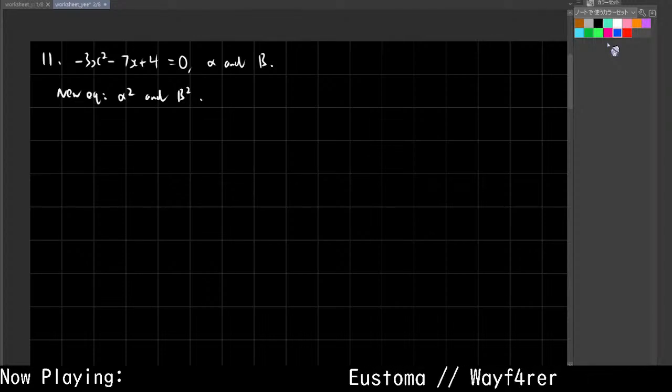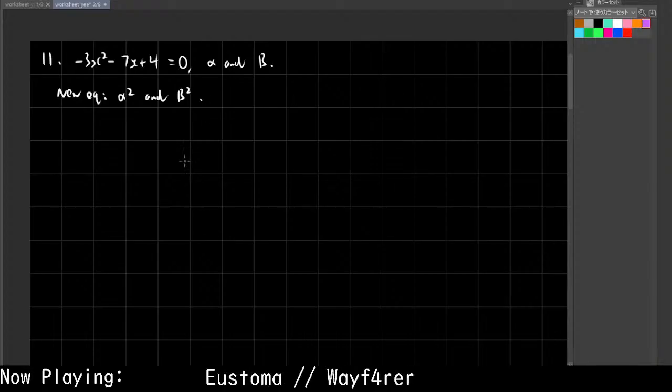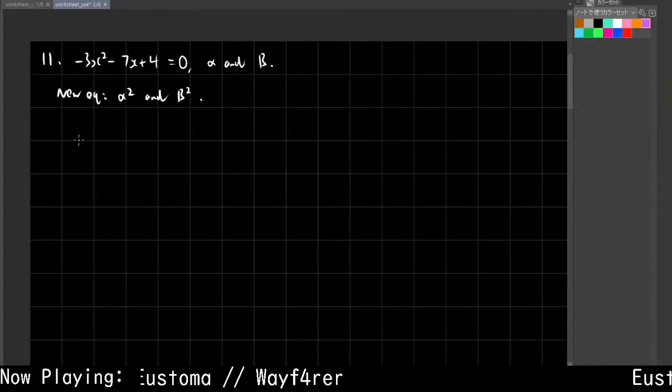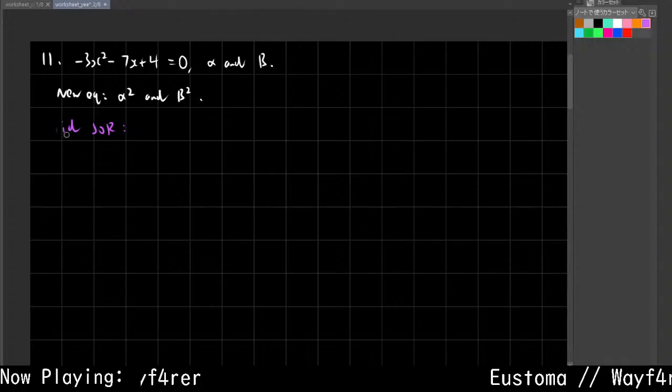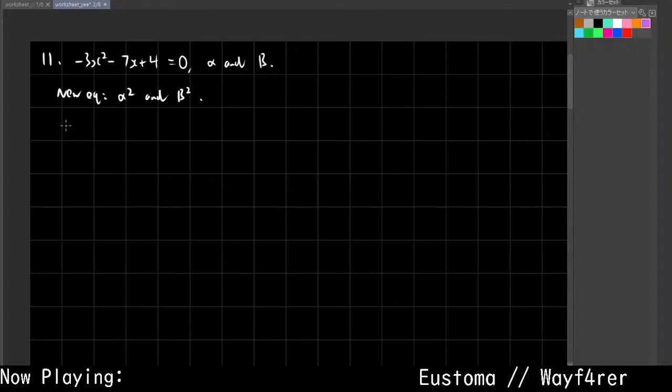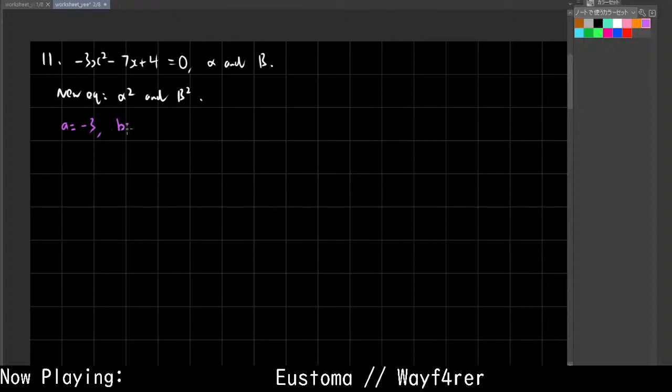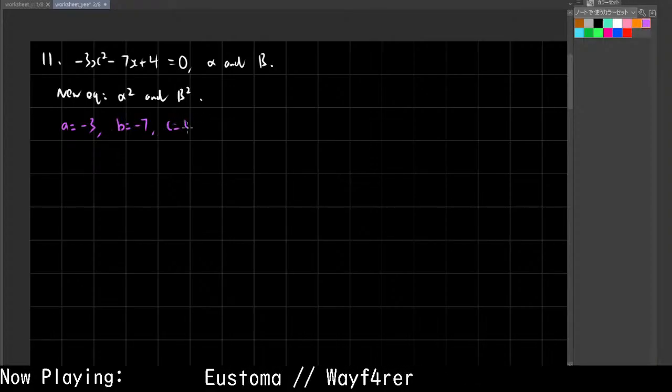Anyway, same thing. So you want to find the sum of roots, you want to find the product of roots. Let's write out our coefficients first. Your A is negative 3, B is negative 7, C is 4.